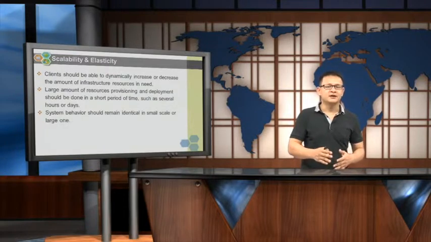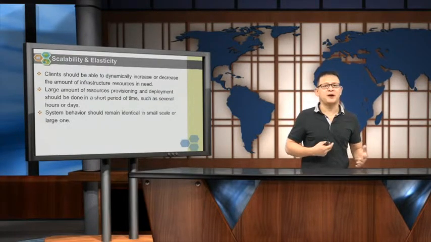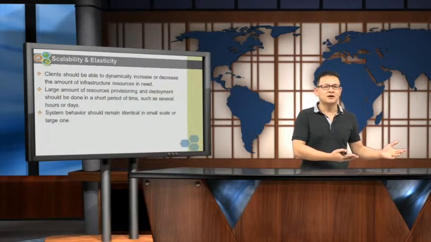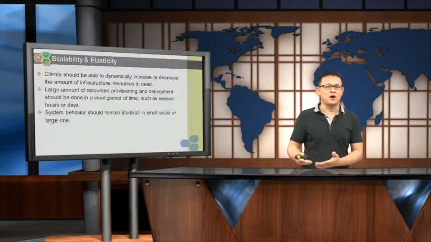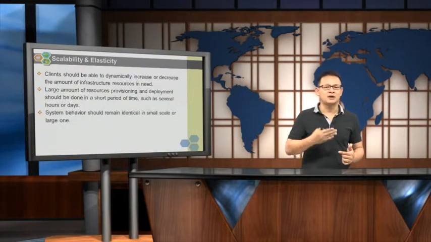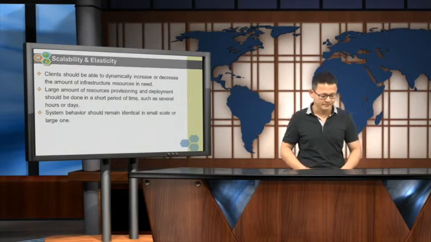In this case, because the most important thing is user experience, I don't want the user to see a difference when I use a small scale or a large one. So it should be adjusted automatically, but it always has to guarantee the behavior of my system.